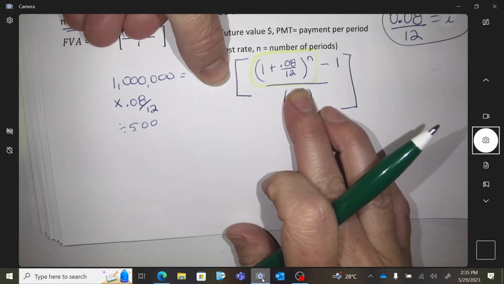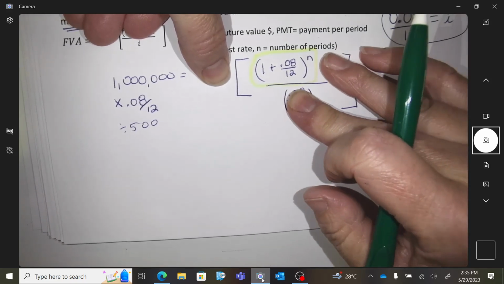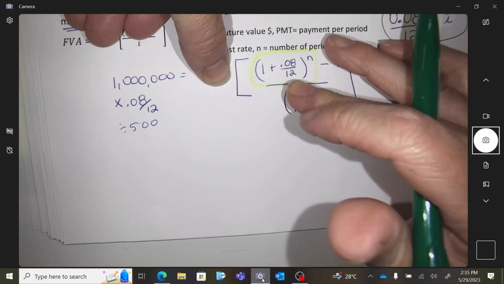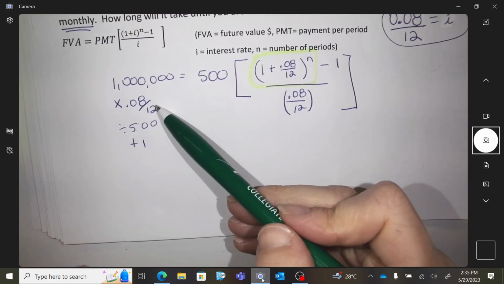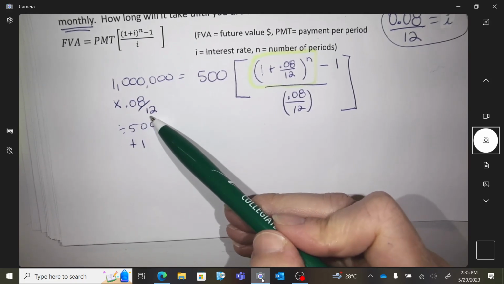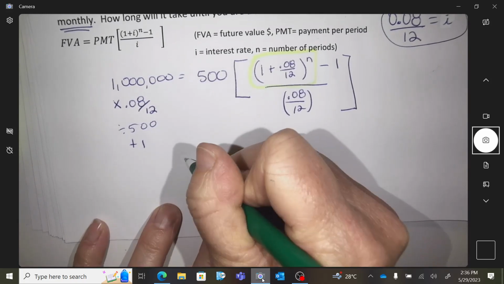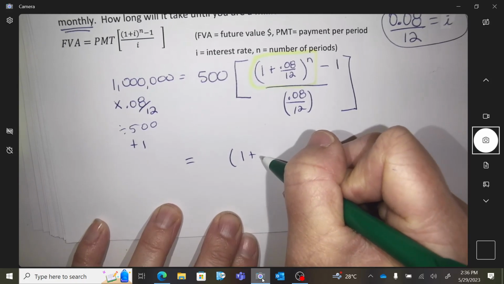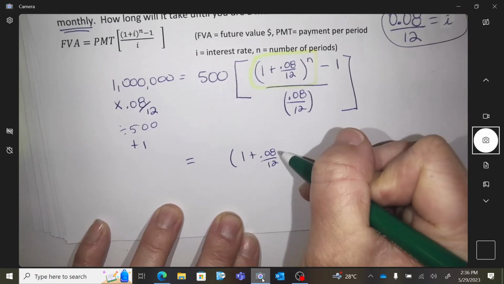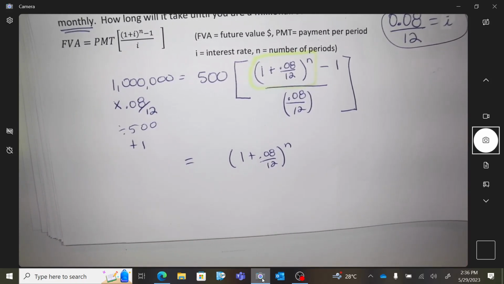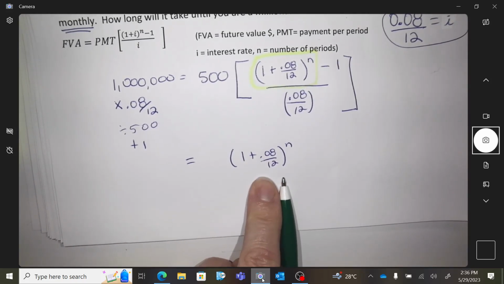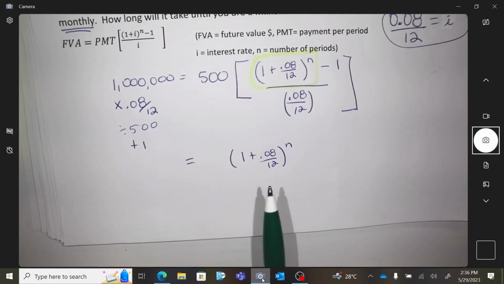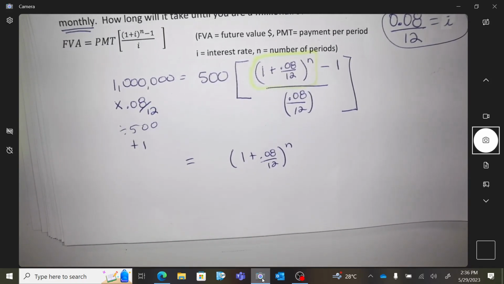And then I would need to add 1, and that would be gone. I would have to add 1 last. If you picked to do these differently, that's fine, but you would have to add 1 last. Okay, so we got rid of that, and we would have this. So you need to do all that in your calculator.